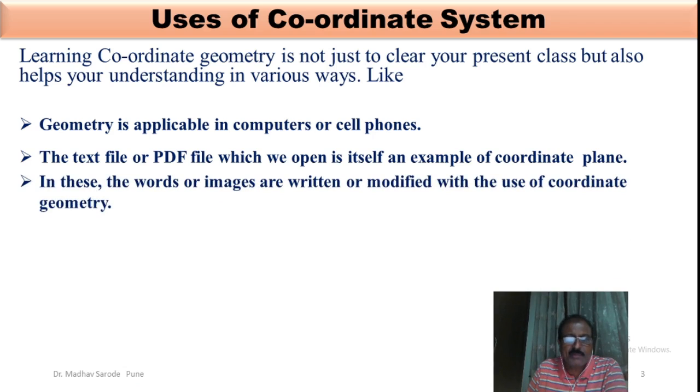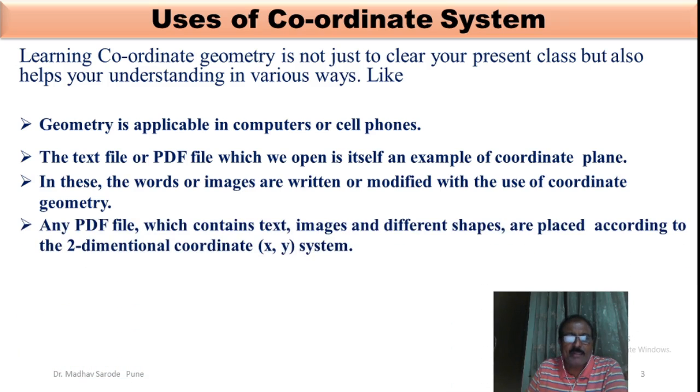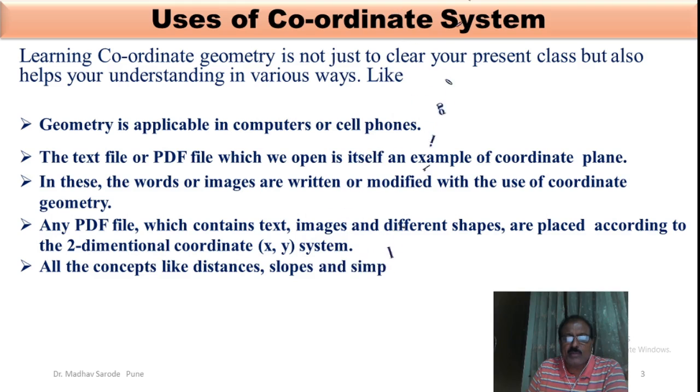In these, the words or images are written and modified with the use of coordinate geometry. Any PDF file which contains text, images and different shapes is placed according to the two-dimensional XY coordinate system. All the concepts like distances, slopes and simple trigonometry are also applicable here. So these are the uses of the coordinate systems.